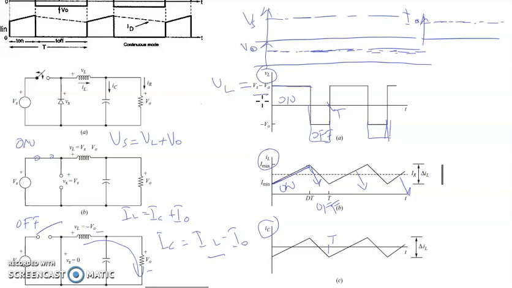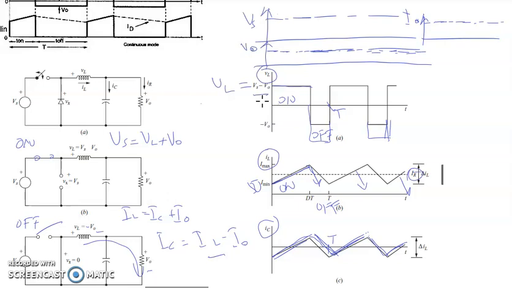So instead of it being on the positive side, your IC has the same pattern as your IL, but shifted by an amount. Let's say you have 5 volts for your I out, so IL minus 5 volts, you shift 5 volts down. So this is your IC, the same pattern as the inductor current, but shifted by minus the level of your I out or IR.